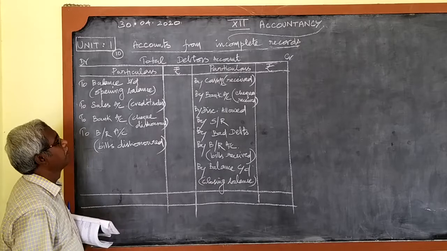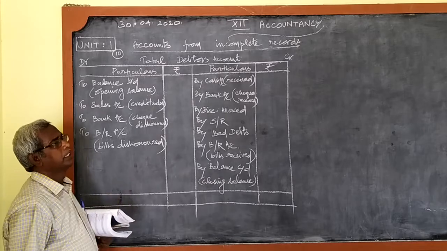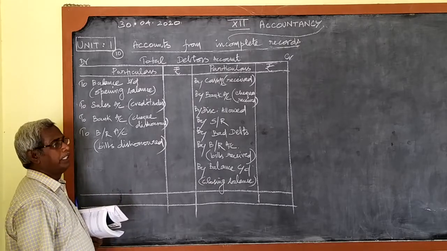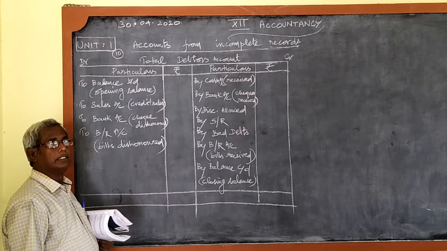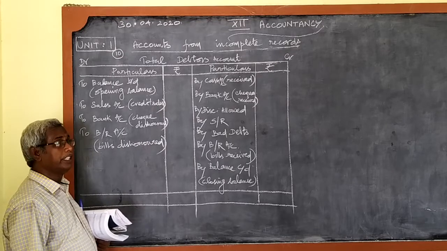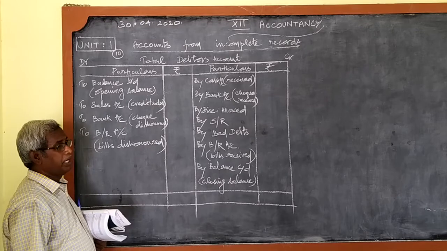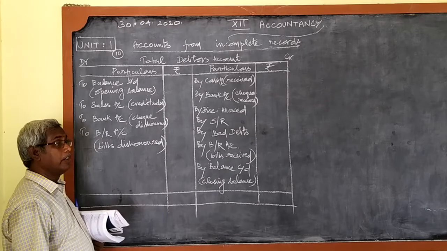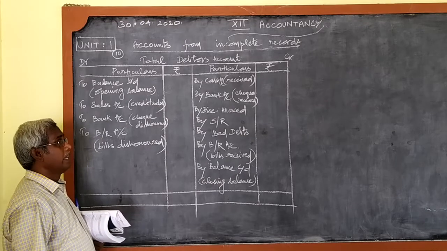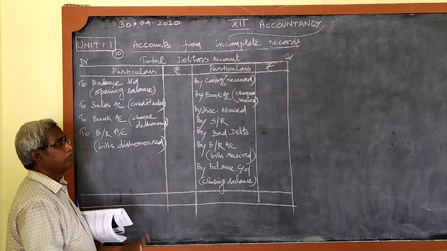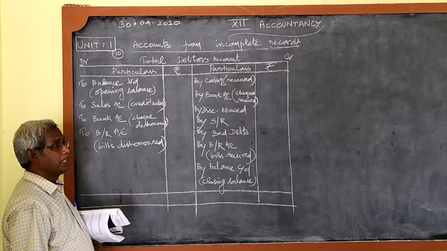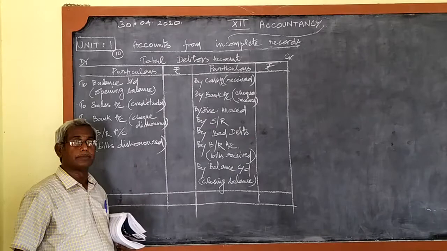Once again I repeat, there are 11 items here. So to find the 11th item, we need 10 figures. Sometimes all the 10 figures will not be given. Wherever the figures are given, you fill it up, and in the rest of the places you put a dash.